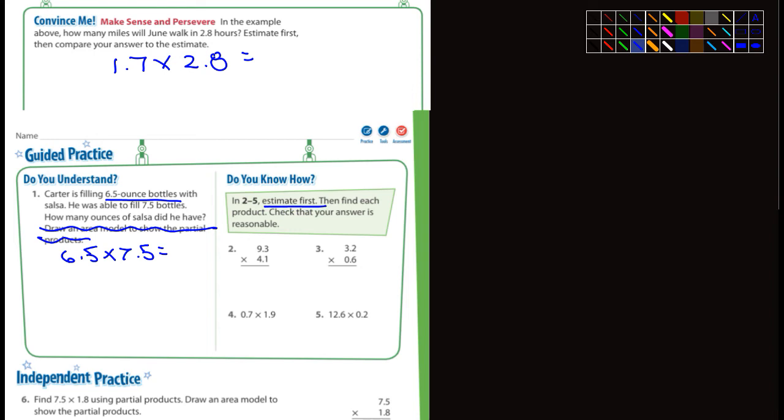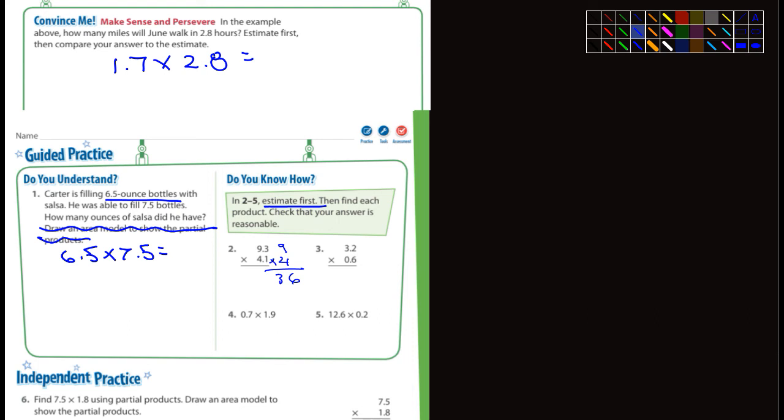All right, number 2, 3, 4, and 5, it says estimate first. Now, I'm going to estimate these real quick. Well, I'll do 3 of the 4. So 9.3, that's pretty close to 9. 4.1, that's close to 4. What's 4 times 9? 36. All right, that's an estimation.